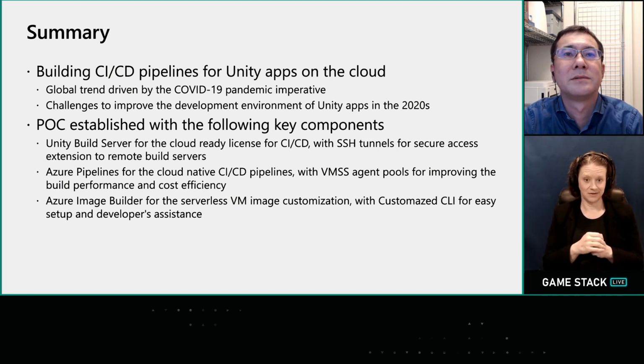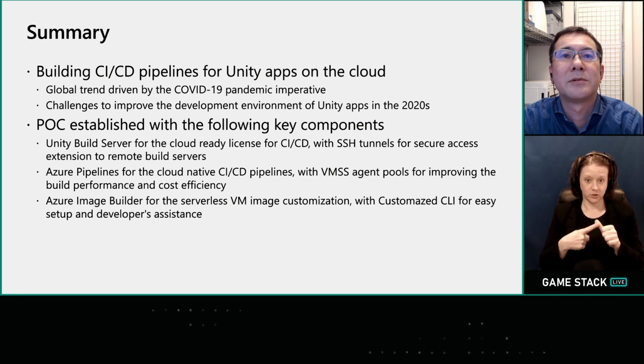We established the POC with several key components. The first component is Unity Build Server. It's a cloud-ready license for CI/CD, with SSH tunnels for secure access extension to remote build servers.